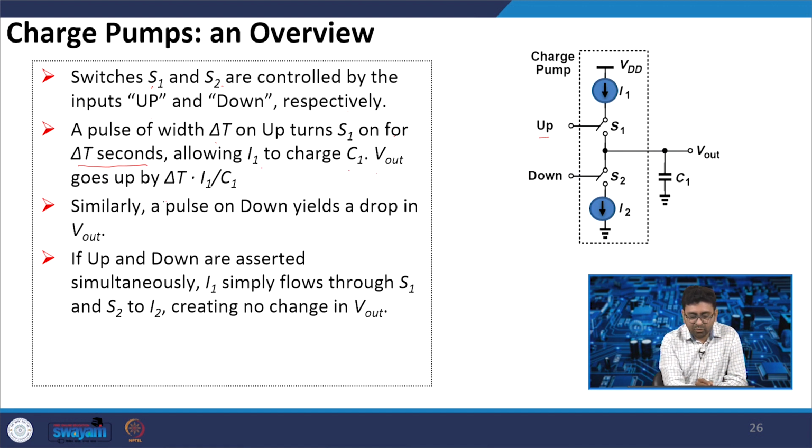So your V out goes up by delta t times I1 divided by C1, because it is charging for only a delta t period. Similarly, a pulse on down yields a drop in V out. If up and down are asserted simultaneously, I1 simply flows through S1 and S2 to I2, creating no change in the output voltage. So then your V out will remain constant.